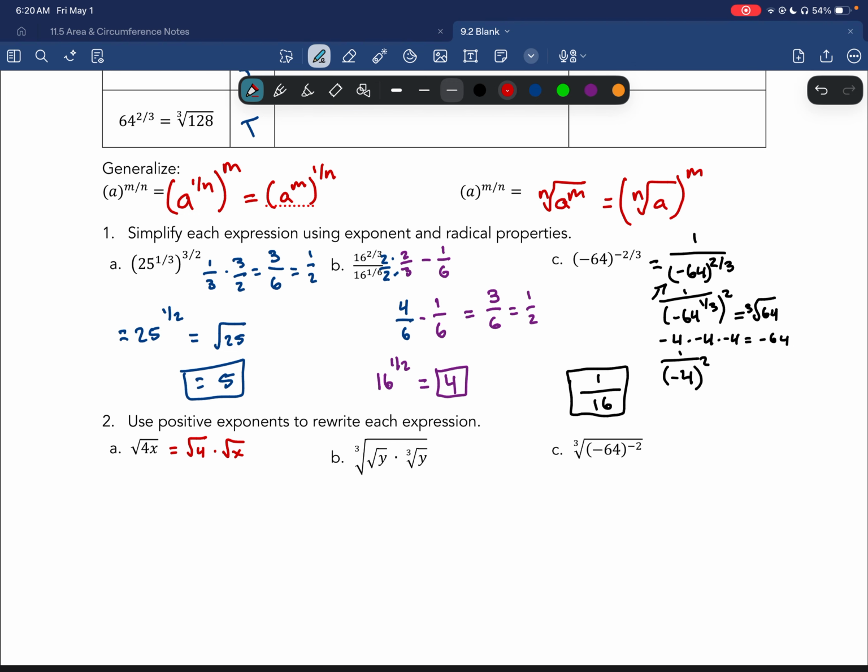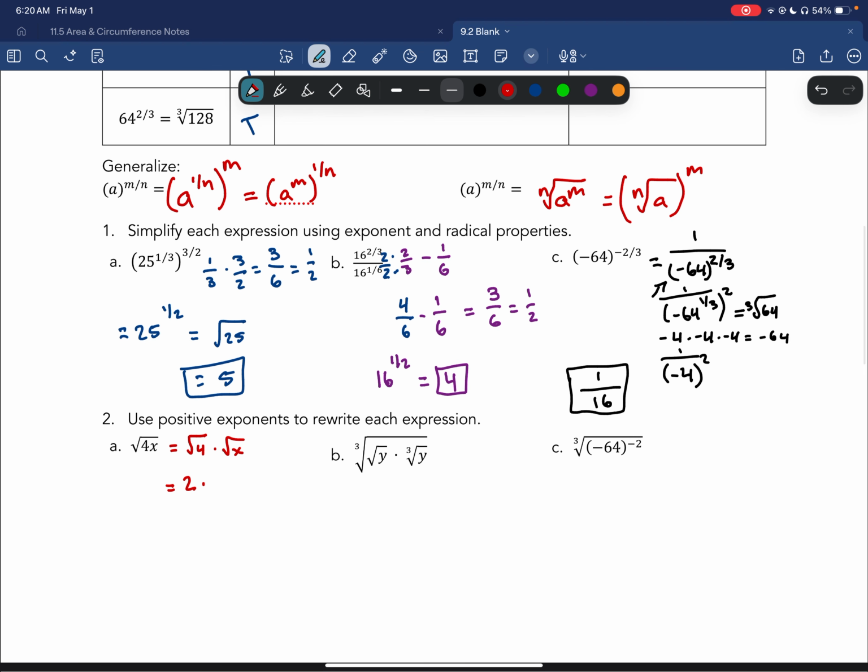The square root of 4, we all know what that is. It's 2. And then square root of x, we want to rewrite it with a positive exponent. So anytime I have a square root, that becomes x to the power of 1 over 2. So my answer is just 2x to the 1/2. That has been rewritten with just positive exponents.